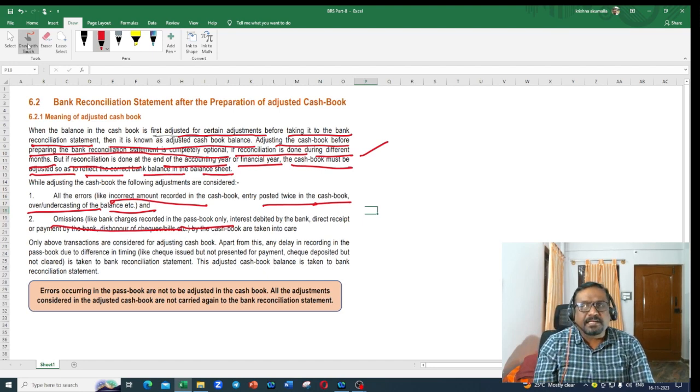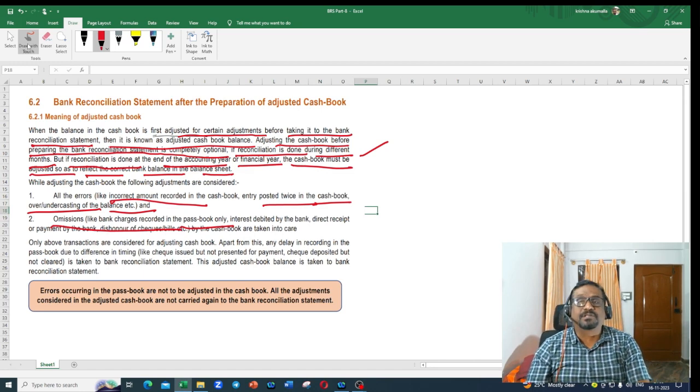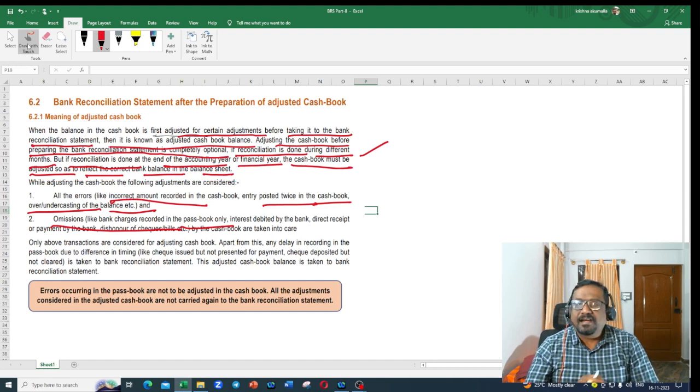Once you prepare it, you will get only one lot of errors, and those pertain to errors to be rectified in the banker's books. That's all. That's the adjusted cash book balance and preparing the bank reconciliation after adjusting the cash book.